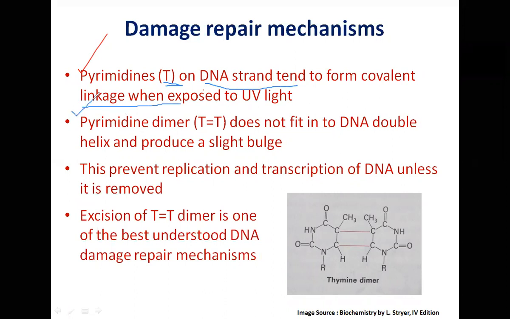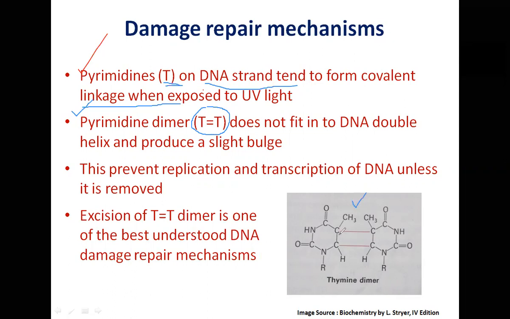They form what are referred to as thymine dimers, T double bond T. Wherever you have such adjacent thymines in the same strand, they have a tendency to form covalent cross linkage between them. They are called thymine dimers, shown here also.